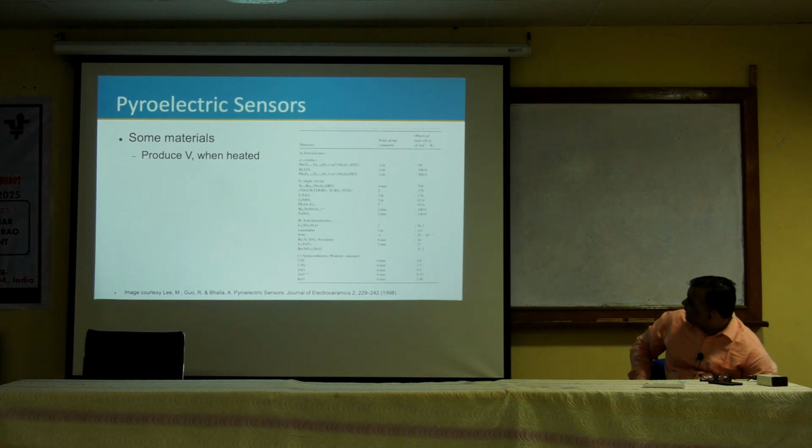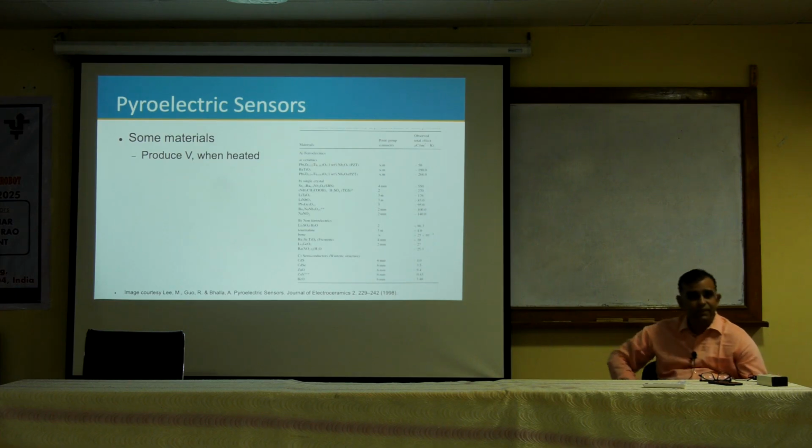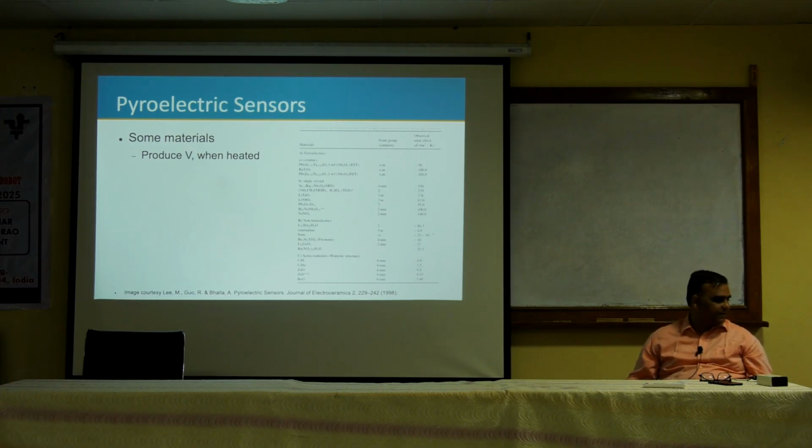We don't, but you have got pyroelectric coefficients, if you look at the last column, of quite a lot of ceramics. Now, where do we use ceramics in silicon processes? Till now we did not talk about how you package a chip. A chip comes packaged, and this is where we will be using quite a lot of other things.